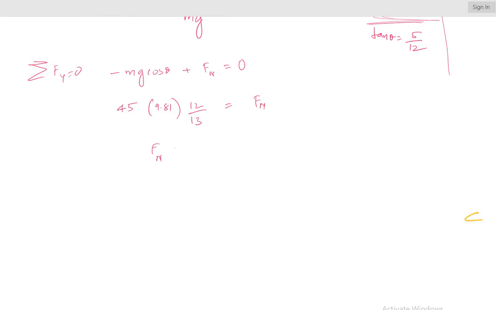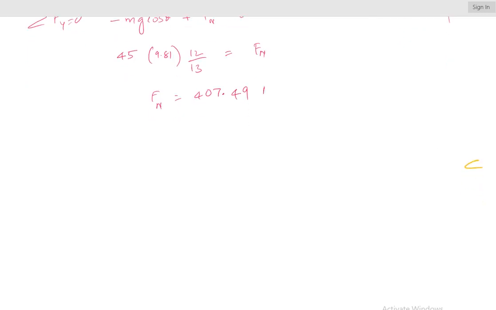So Fn is equal to, let me just double check that. 45 times 9.81 times 12 divided by 13 is 407.49 Newtons, sorry, not 407.08. Okay, that's the reaction force.